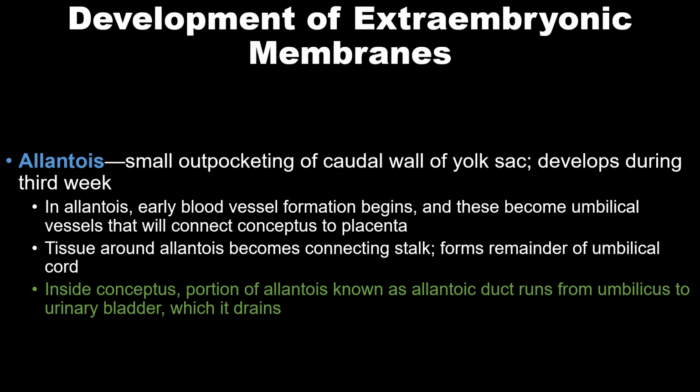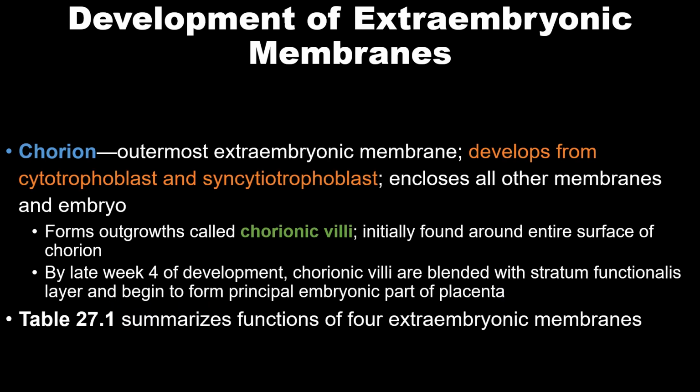Inside the conceptus, there's going to be a portion of the allantois known as the allantoic duct, which runs from the umbilicus to the urinary bladder, which it actually drains. Now, the outermost layer is the chorion, and this develops from the cytotrophoblast and the syncytiotrophoblast, enclosing all of the other membranes and the conceptus.